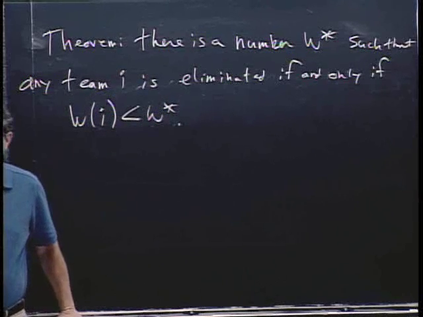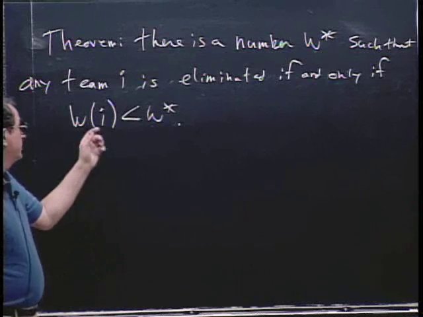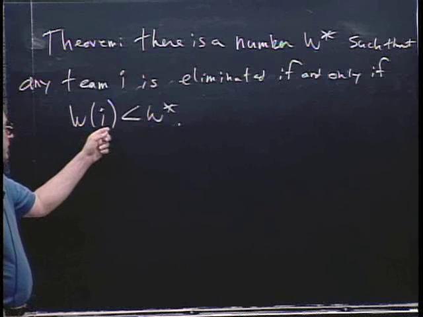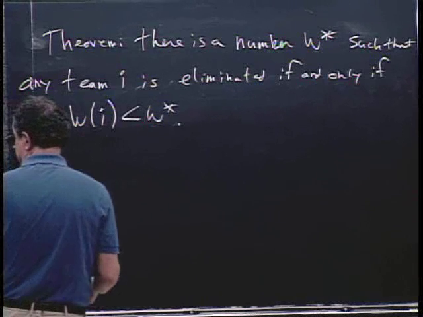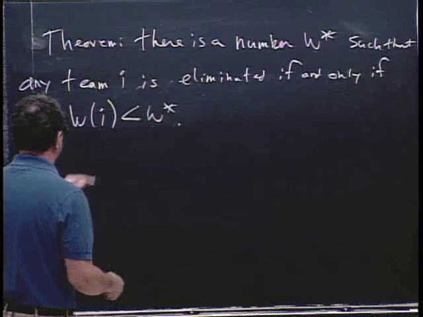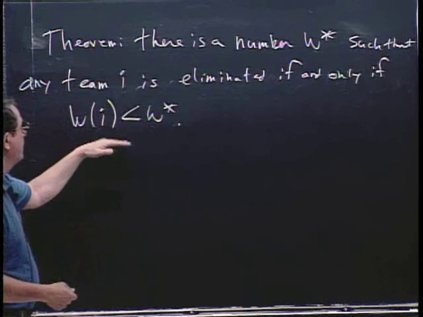So if we can compute W star, then we just look at each team, and W_i is trivially computed. W_i is just little w_i plus g_i, so that's a trivial computation.